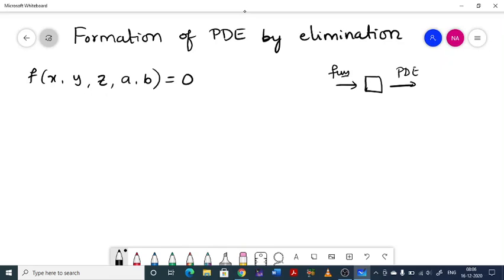F of x comma y comma z comma a comma b represents a function in three variables x, y and z, and involving constants a and b. Since we are supposed to get a PDE from this, we have to treat out of these three variables one as a function of another two variables.